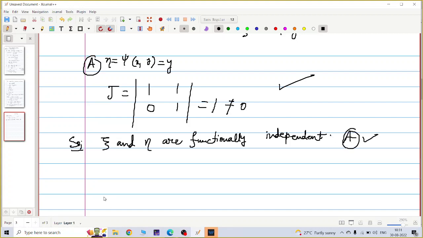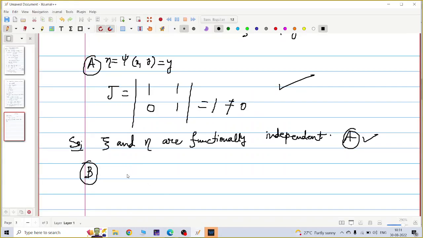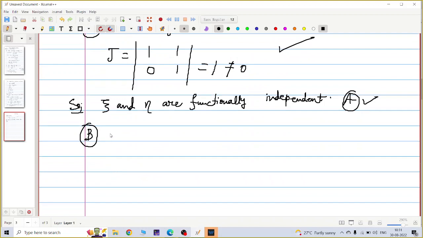Now I will show you option B. Option B is that my eta, psi, is e power x into e power y, where my xi is x plus y.